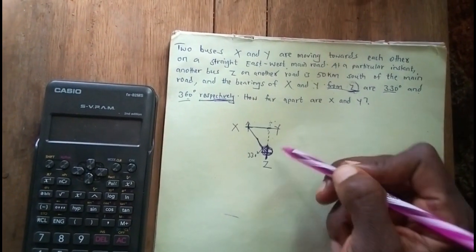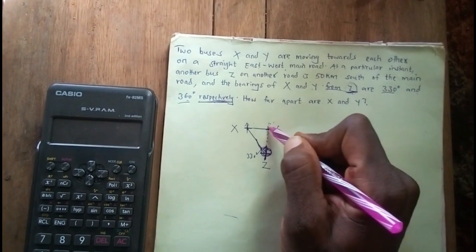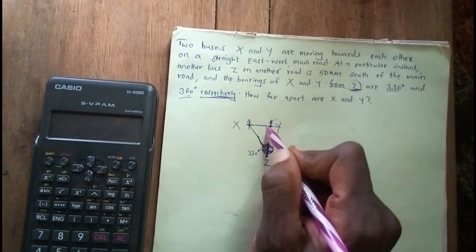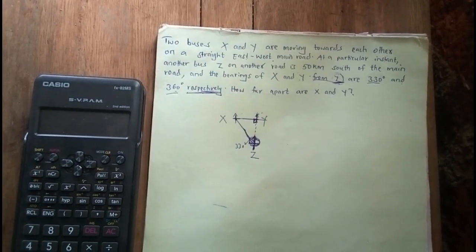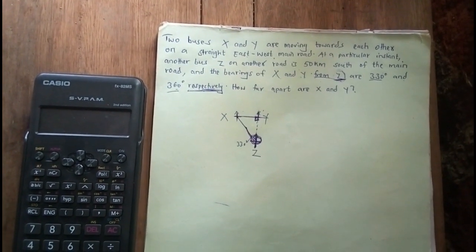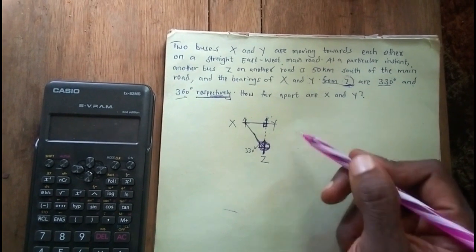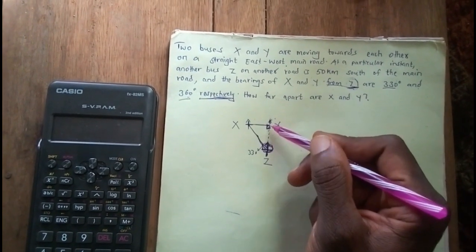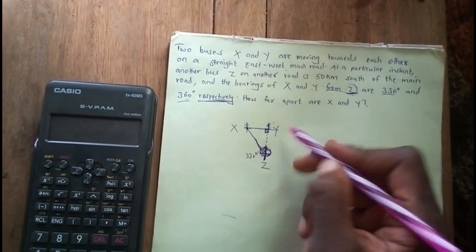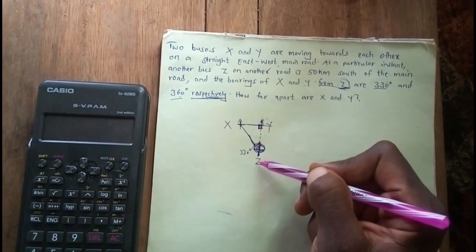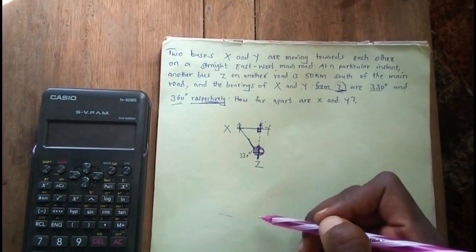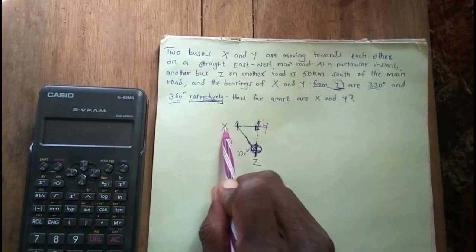Then, if Y is on the north of Z, therefore it means this is 90 degrees. So I think we are together up to that point. So Y is on the north of Z, meaning that here we have 90 degrees. Therefore, line ZY is perpendicular to line XY.